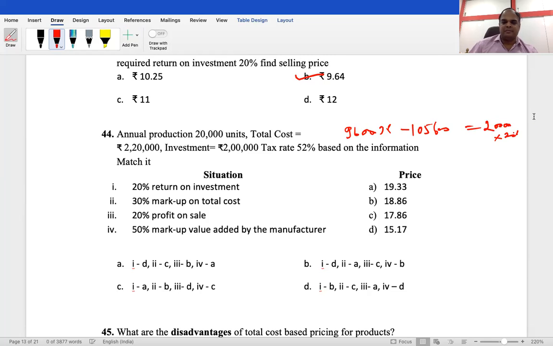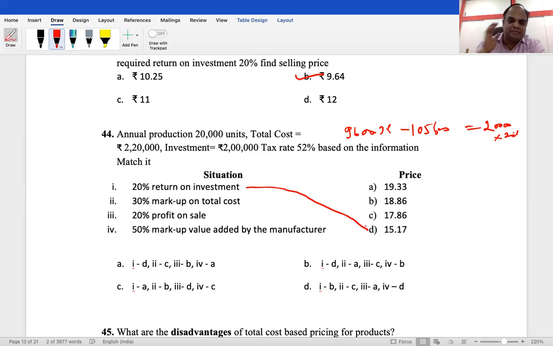So find the X now. 15.16, 15.17. Okay. Answer for the first one, 20%, 15.17.